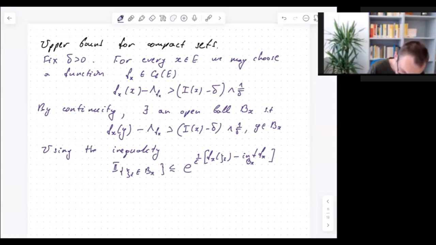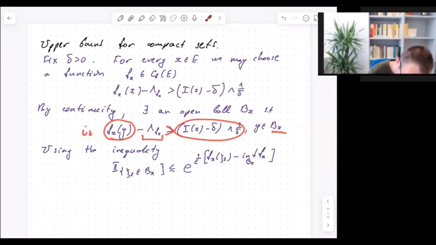But you see that this function on the ball is larger than this expression plus that expression. Therefore, when you take the infimum over the ball, this type of inequality will be preserved. It will be larger or equal than this plus that.